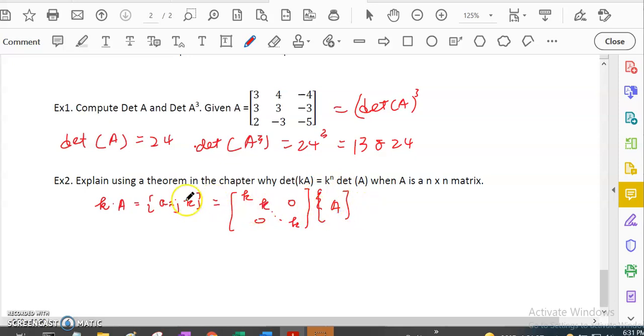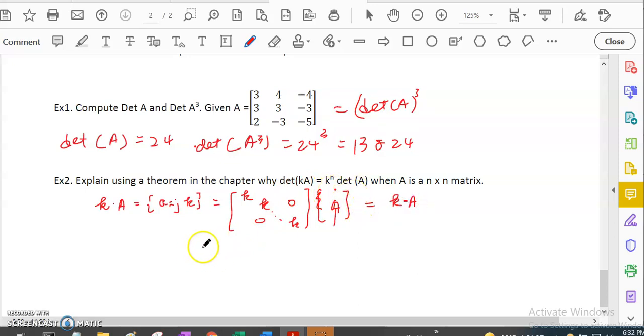Then every entry would have k in it, because just imagine if you take a row and a whole column, only the first one is multiplied by k, and another row and column, only the first one is multiplied by k, and you get the idea. So this is actually kA.